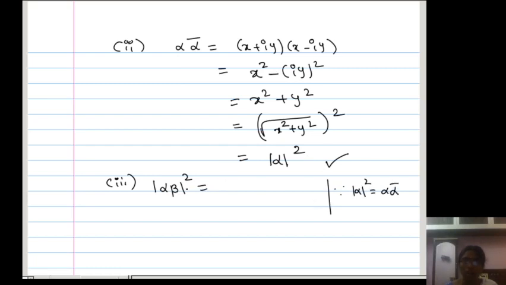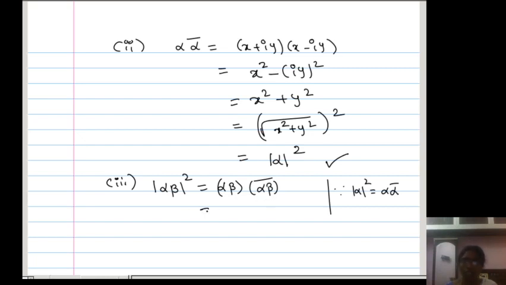By that, mod alpha beta whole square can be written as alpha beta into alpha beta bar. I am applying that concept here.